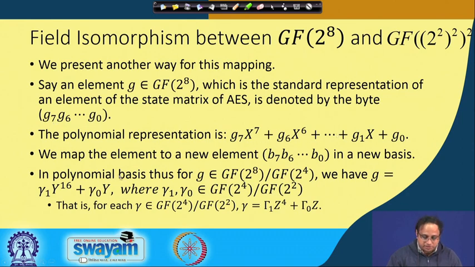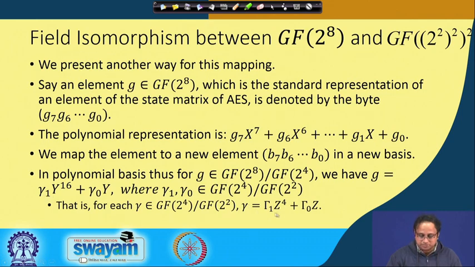representation. In the normal basis, when you are mapping this to say B7 to B0, then you note that this element, when you are expressing it as GF(2^4) squared, will have two parts. The first part is say gamma 1, the second part is gamma 0. So my element is gamma 1 y power of 16 plus gamma 0 y. Likewise, these gamma elements are elements from GF(2^2) whole power of 2.